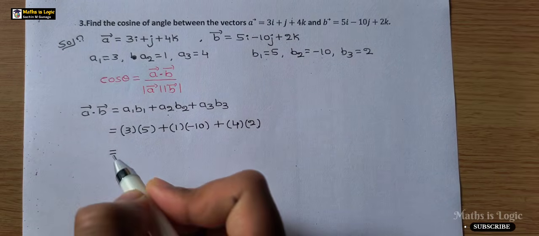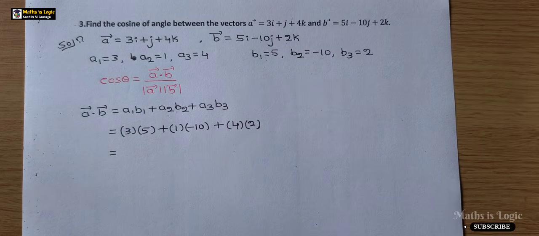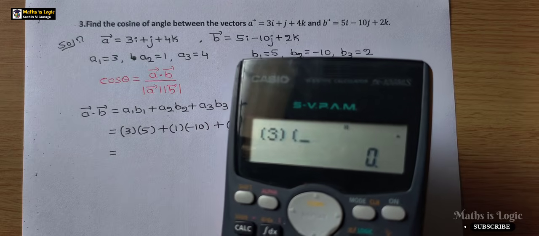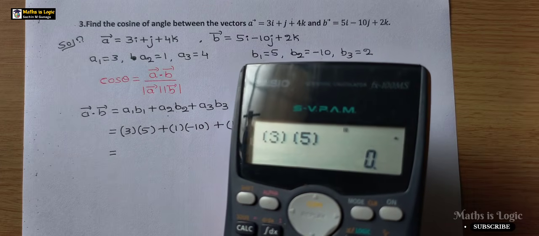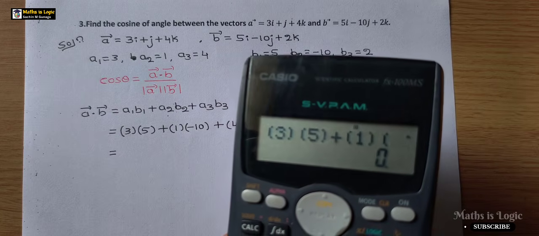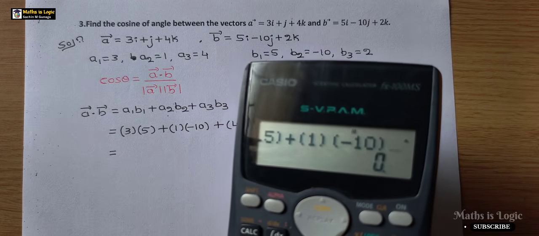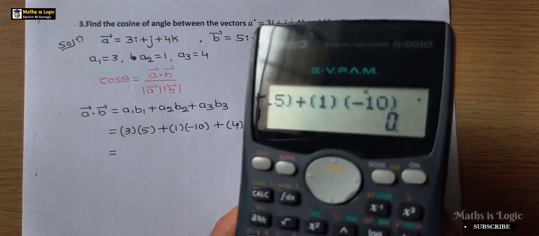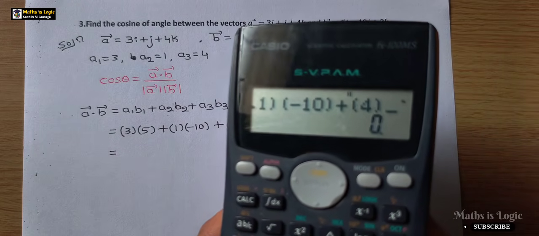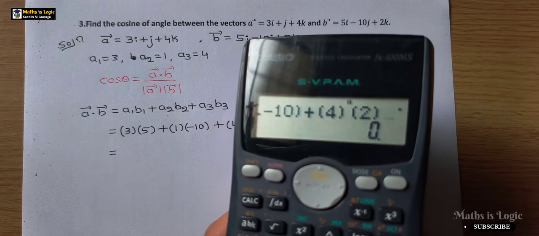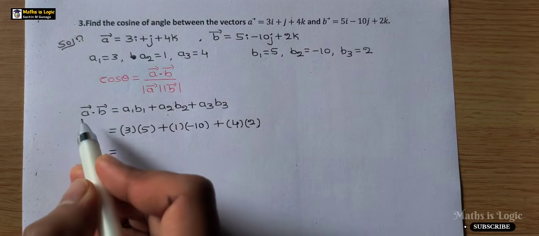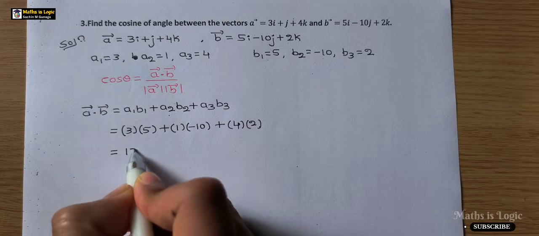So directly use the calculator. First in bracket 3 into 5 plus again in bracket 1 into minus 10, complete the bracket, plus 4 into 2. What is the answer? 13. Therefore a vector dot b vector value is 13.